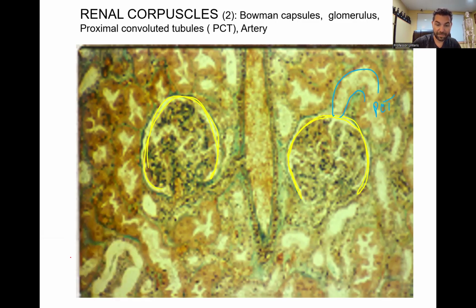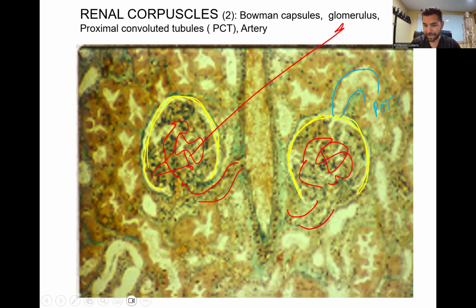And what's inside the Bowman's capsule is your glomerulus. And this little afferent arteriole kind of coming in. These are our capillaries. And it makes sense. This is obviously the artery that's delivering blood flow in to those afferent arterioles. It has a name, but I'm not discussing it here.